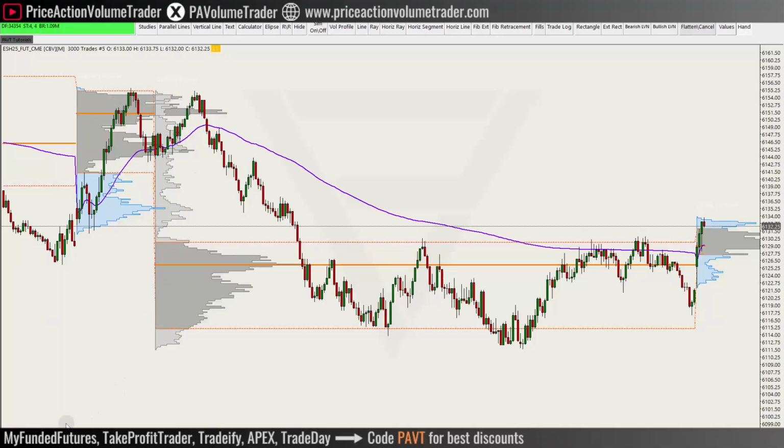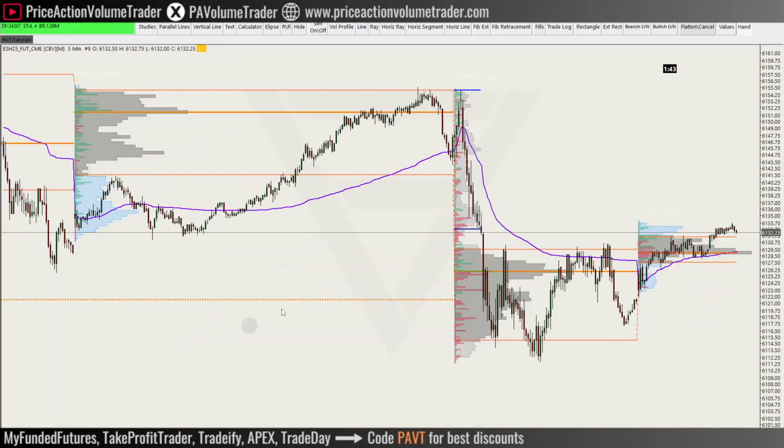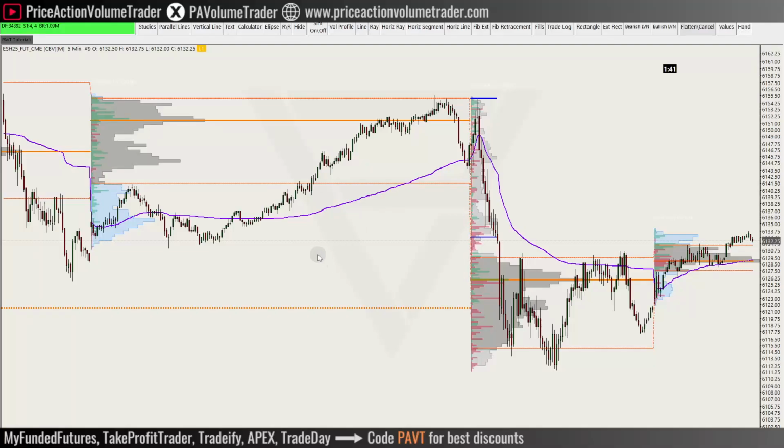Now, if we go back to the 5 minutes, at 3 a.m. Eastern time, we do have the London Open. So right around this time here, this is just the early Asia hours. Some early Asia markets like Hong Kong are opening here.